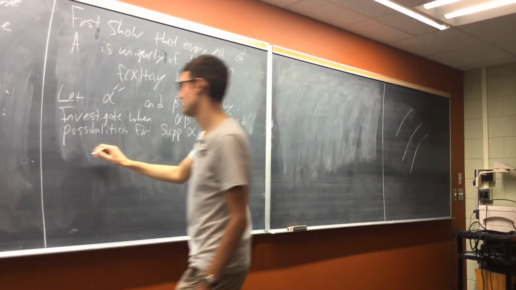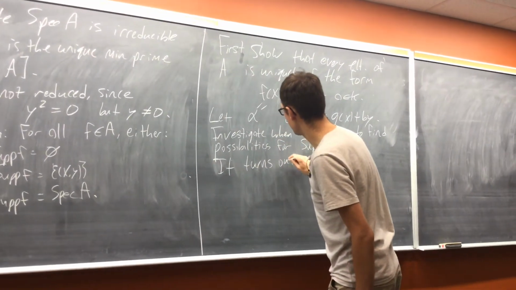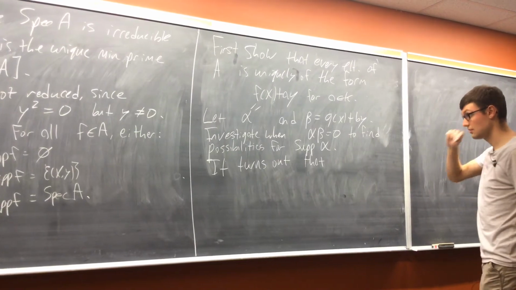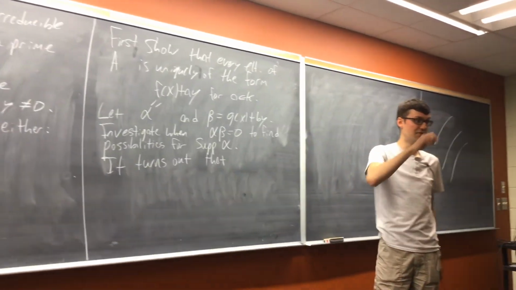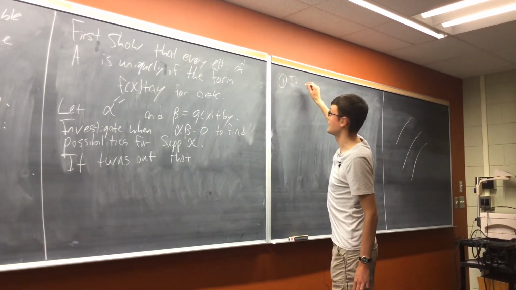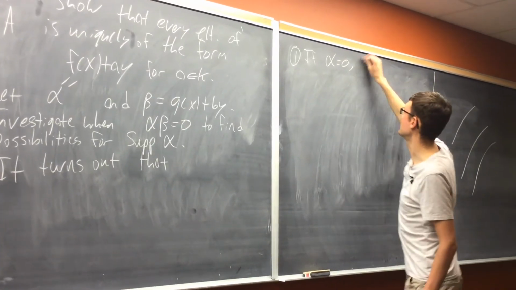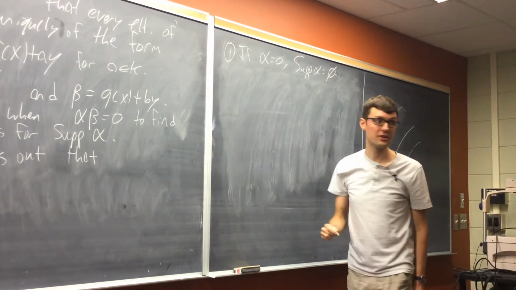It turns out that the three cases I've got there correspond to the following forms of alpha. One, if alpha equals 0, the support of alpha is empty. That's the only way you're going to get empty support.